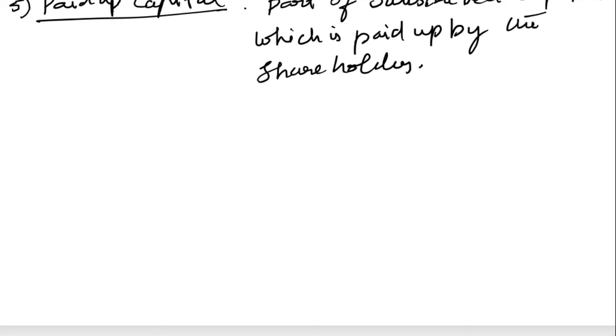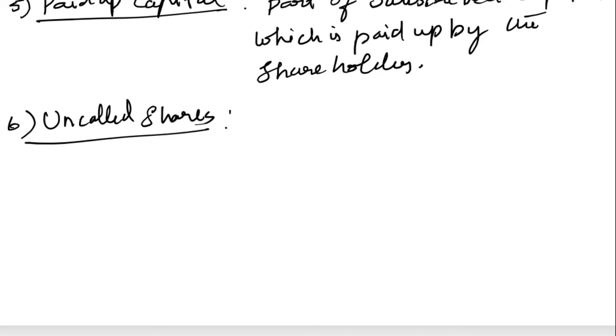Okay. Next, the sixth one is uncalled shares. It is that part of subscribed capital which is not called up. It is called uncalled shares.